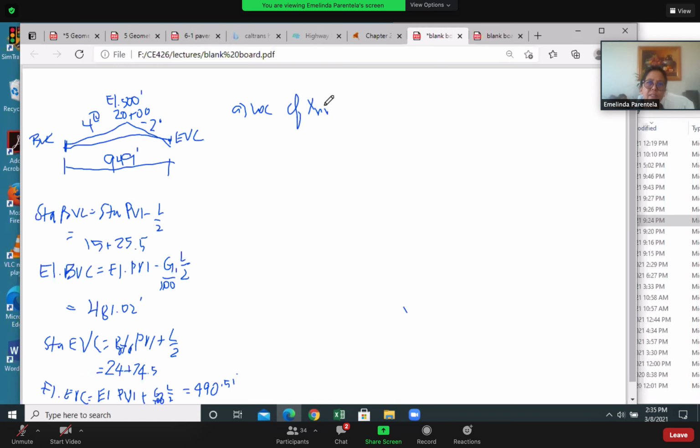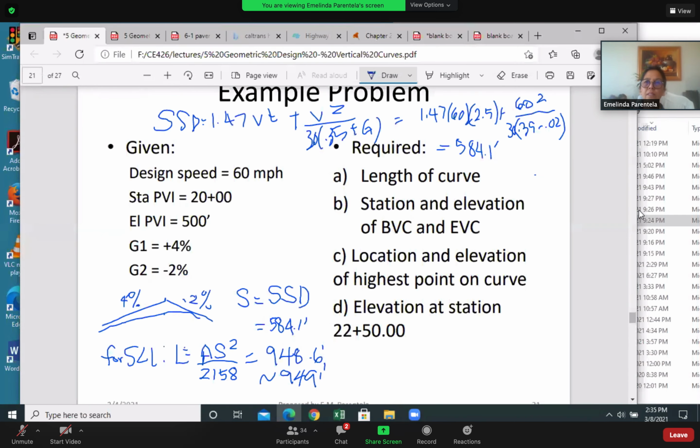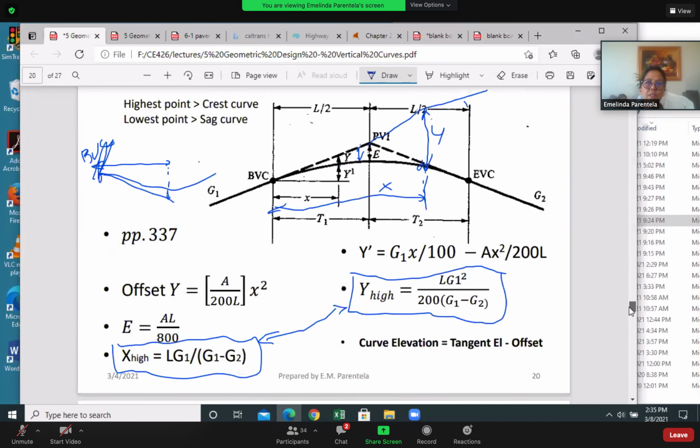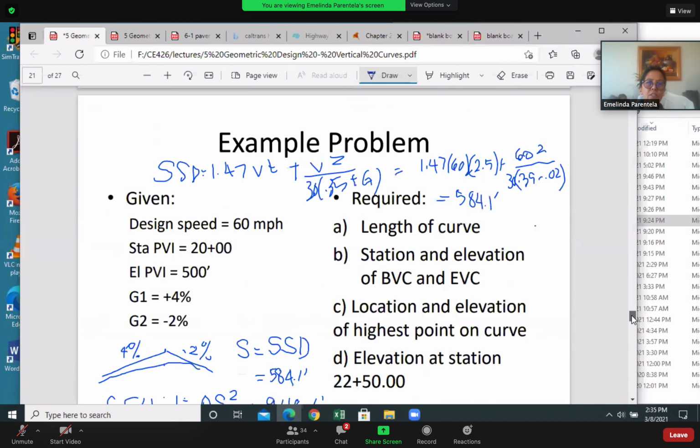I'll just put X high, so that's the highest point. So X high would be equal to, so we have that equation here, which is L G1 over G1 minus G2.